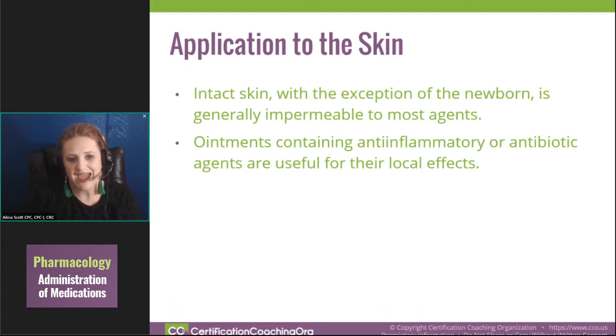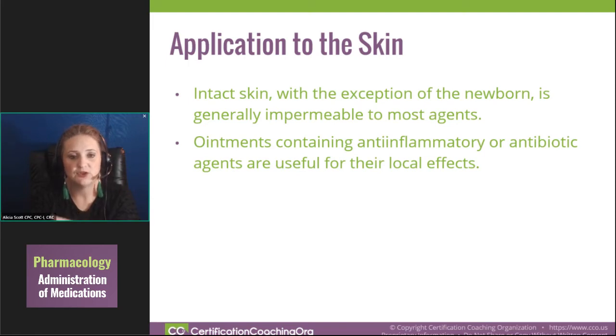Note that if you have intact skin, usually things are impermeable. So if we put something on our skin like Benadryl, an antihistamine, liquid Benadryl, you need to drink it, right?